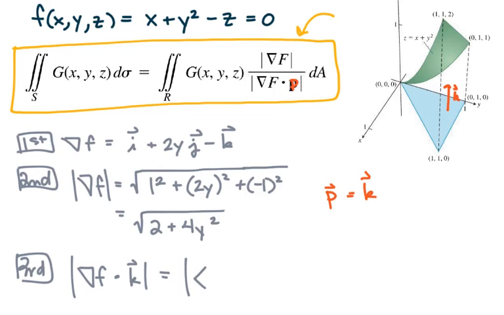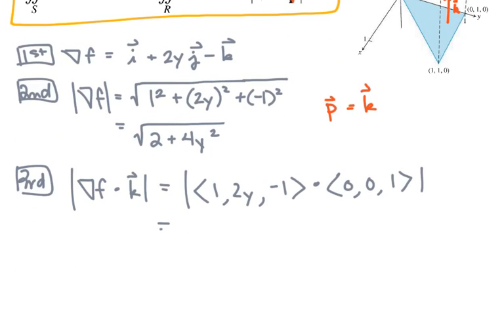We had 1, 2y, negative 1, and that's going to be dotted with k, which is 0, 0, 1. That dot product gives us negative 1, and the magnitude of negative 1 is 1.